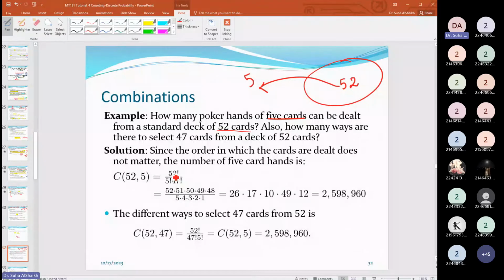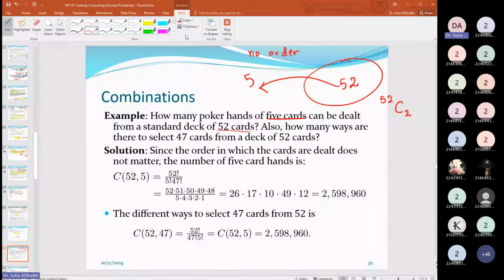Do we have order or no order? No order is important here, right? So no order is considered here. So since no order and I'm choosing 5 out of 52, then I'm talking about combination. So this is 52 combination 5.